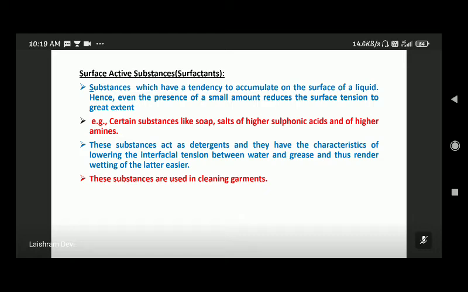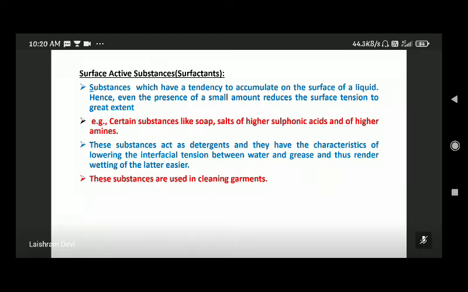So in that, what I was trying to show is that when we have a liquid molecule on one side and a gas molecule on the other side, the surface tension that develops on the surface of water is called surface tension, right? And when we have water on one side and another immiscible liquid like grease or oil on the other side, the surface tension that develops on either grease or water is known as interfacial tension.